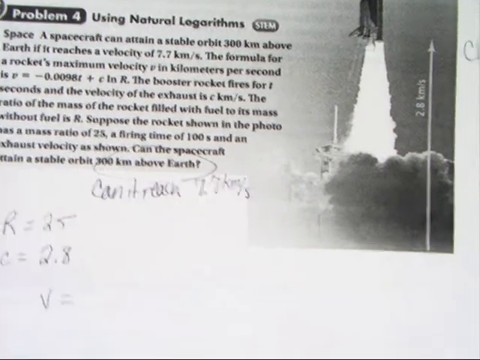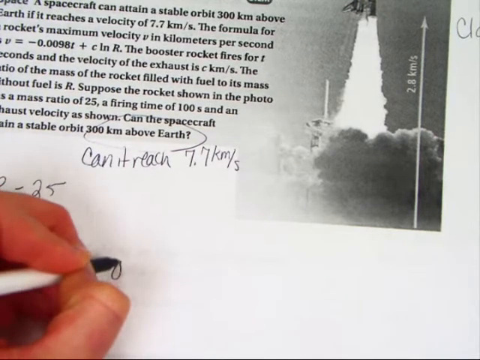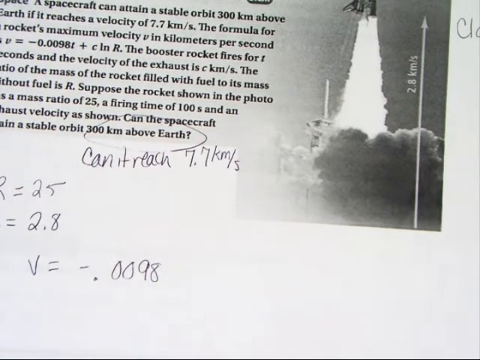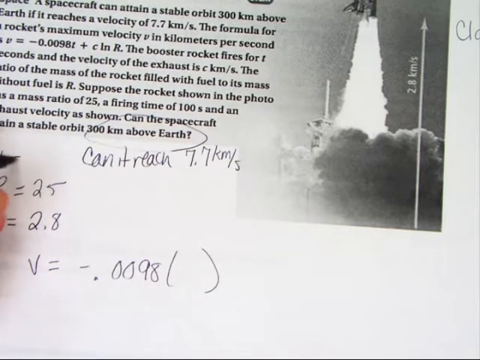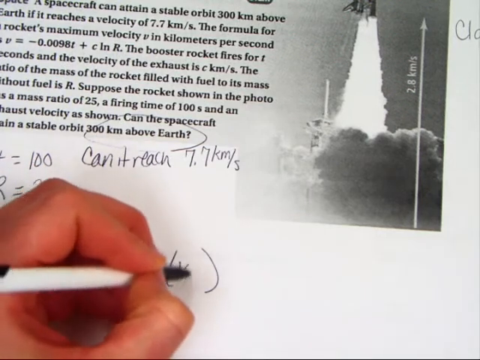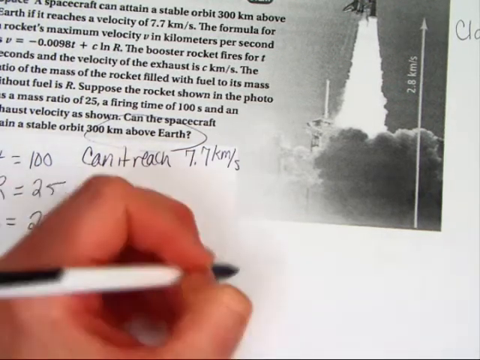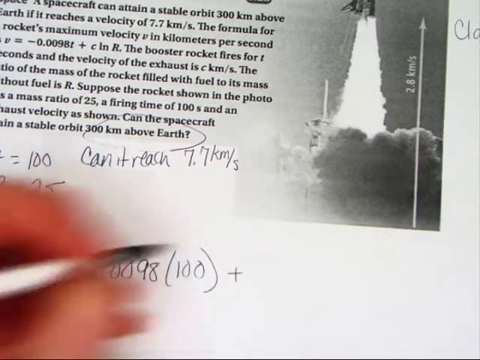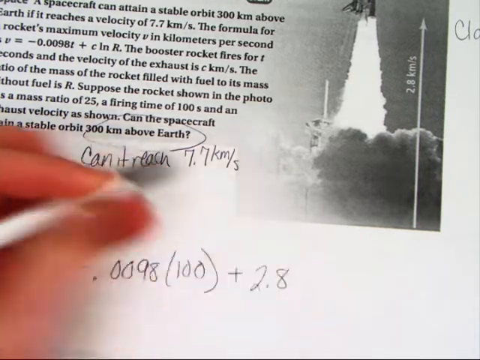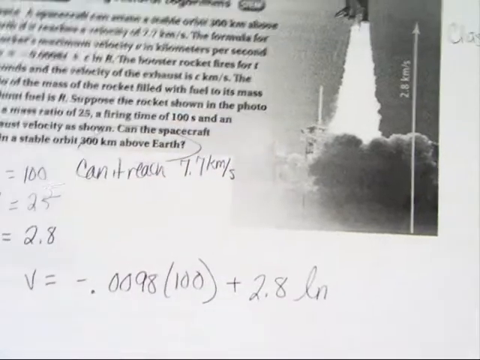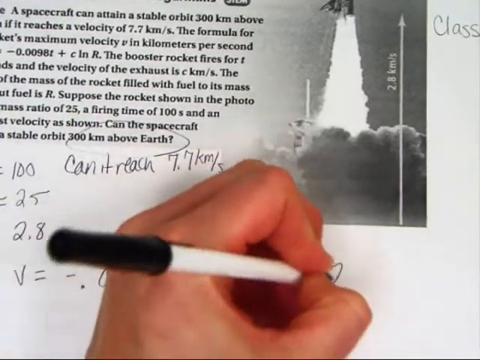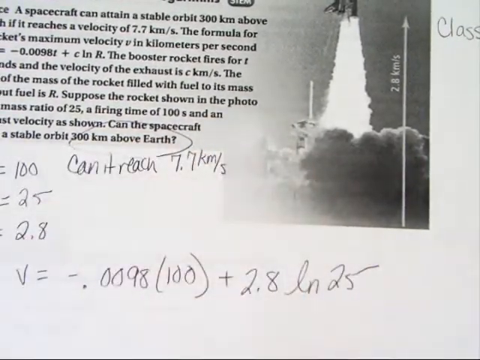So V equals negative 0.0098 times t, and in this problem they told us it is going to fire for 100 seconds, plus the little c, which is 2.8, that's the speed of the exhaust, times ln of capital R, which in this problem is the mass ratio of 25.